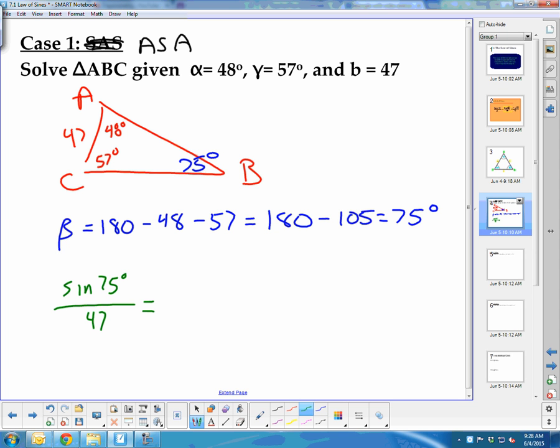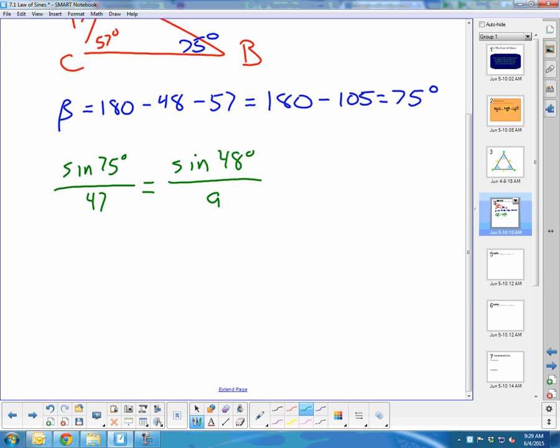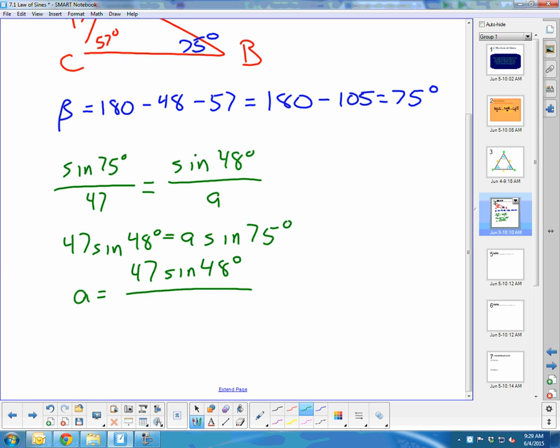It doesn't really matter whether I find side a or side c first. I'm just going to find side a for no particular reason. So I can say sine of 48 degrees, that's sine of alpha, over side length a. If I do just a little bit of algebra, starting with cross products, I'll have 47 sine of 48 degrees equals a sine of 75 degrees, so that a equals 47 sine 48 degrees over sine of 75 degrees.